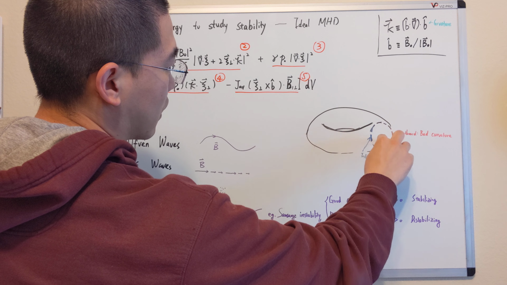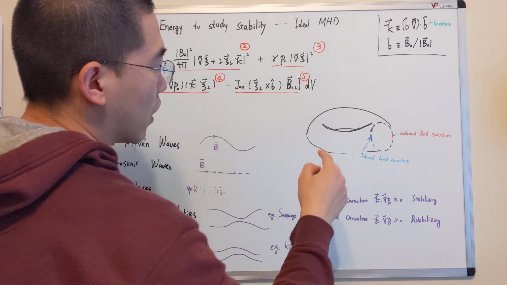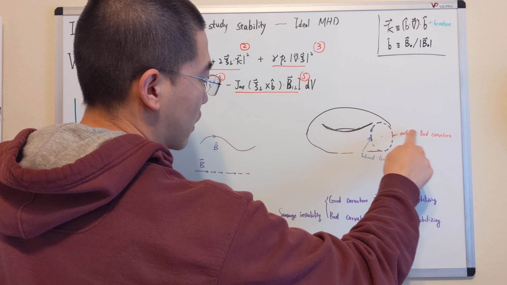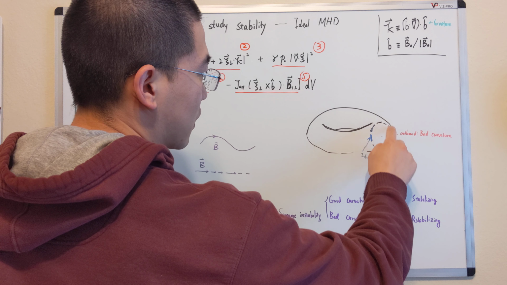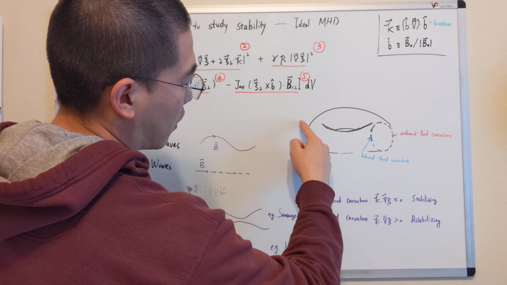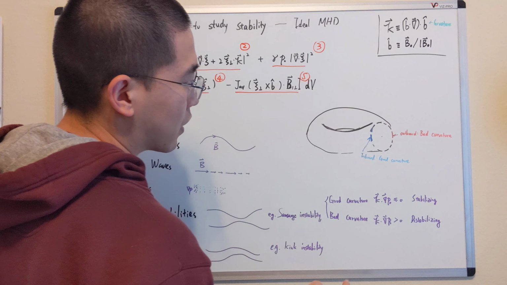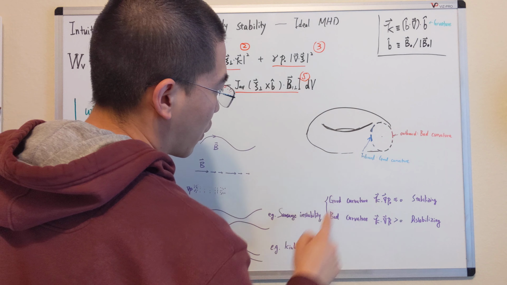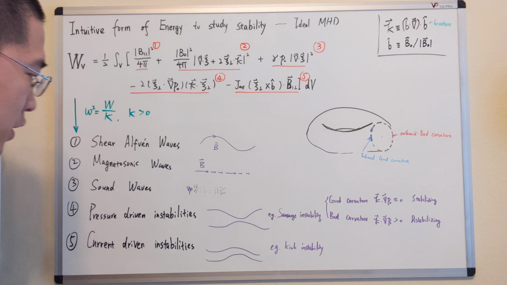Let's say the inside has higher pressure than the outside. Then the outboard or the outside of this side will be considered a bad curvature, and the inside or inboard will be considered a good curvature.